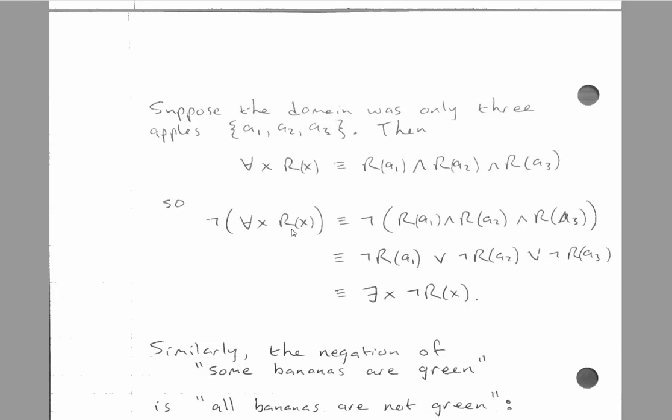So if it's not the case that all the apples are red, that means either the first apple's not red, or the second apple's not red, or the third apple's not red. In other words, there exists an apple that is not red. Okay, so for all uses the and operation. There exists uses the or operation.